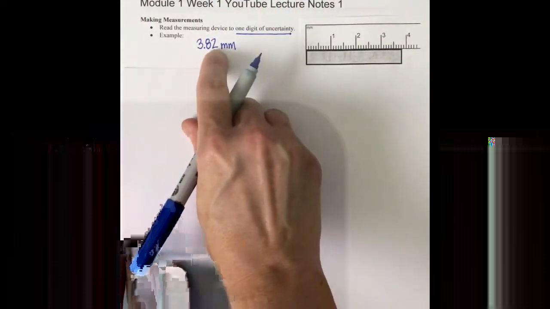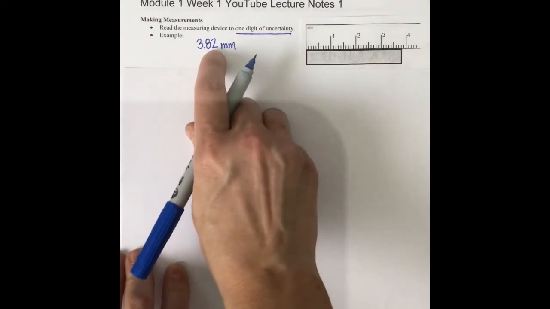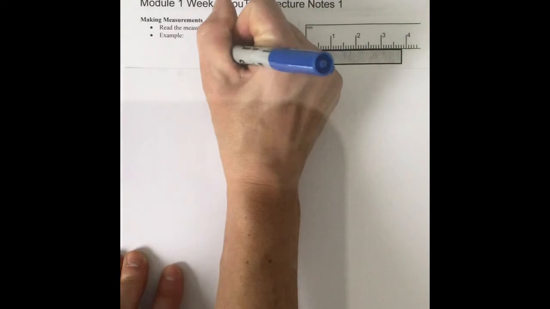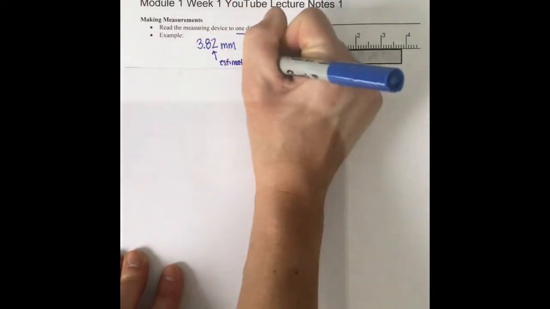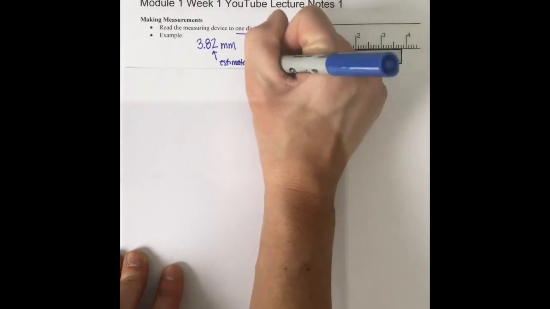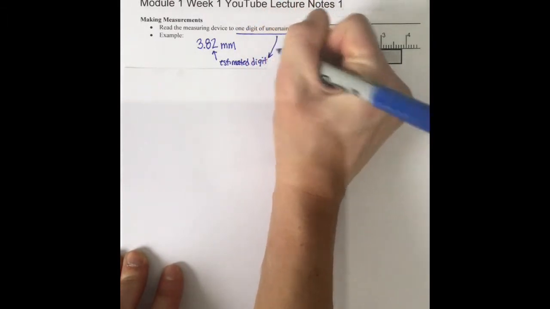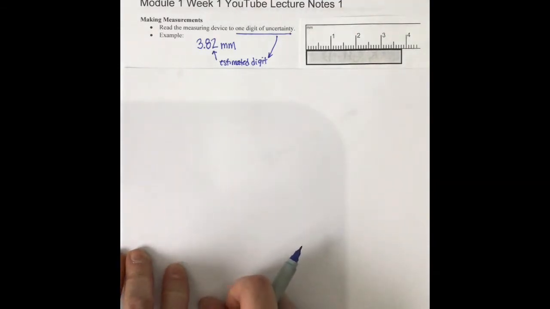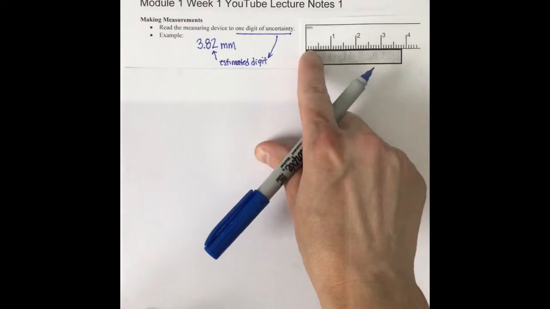Maybe you picked a different estimated digit, and that's just fine. Let's label this as your estimated digit, or your digit of uncertainty. That's how we would properly use a ruler.